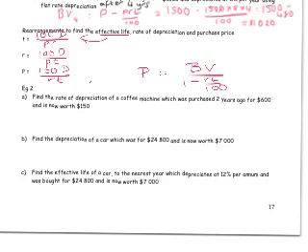Looking at these two examples, find the rate of depreciation of a coffee machine which was purchased 2 years ago for $600 and is now worth $150. So we're trying to find the rate, we're trying to find R. We know P was $600, we know time was 2 years. Now we need to know D. Okay.